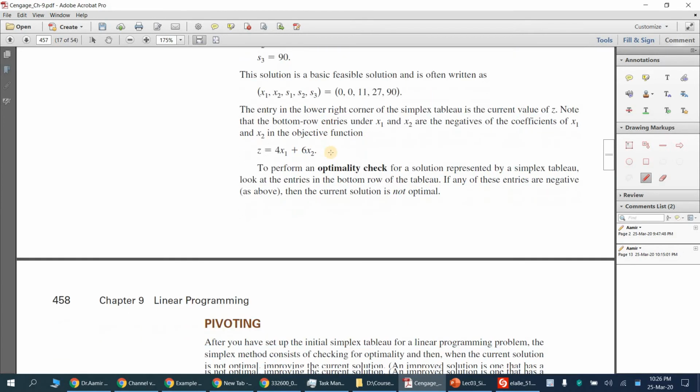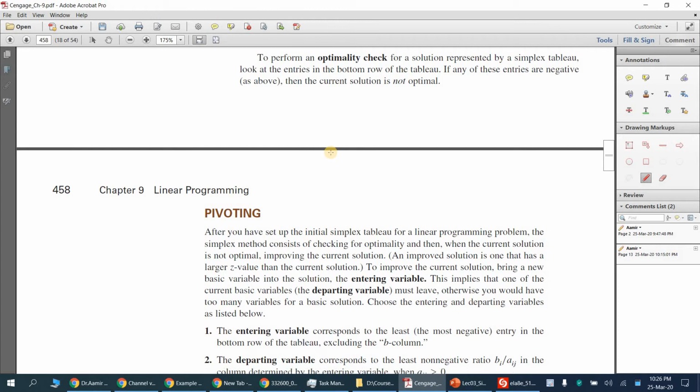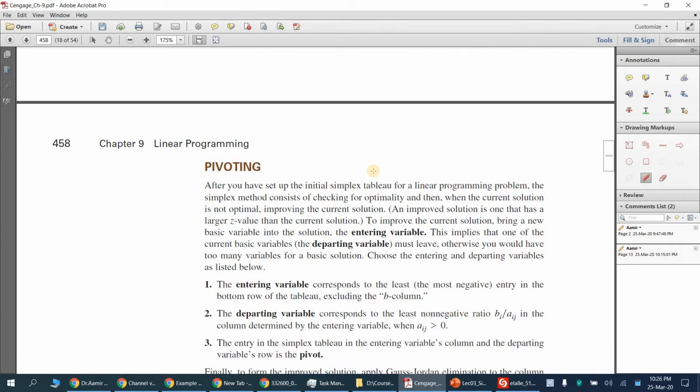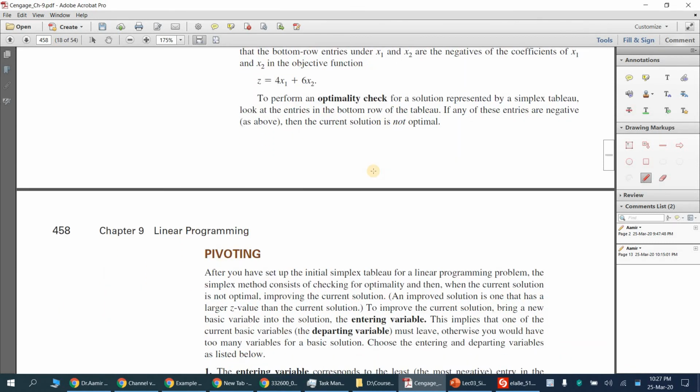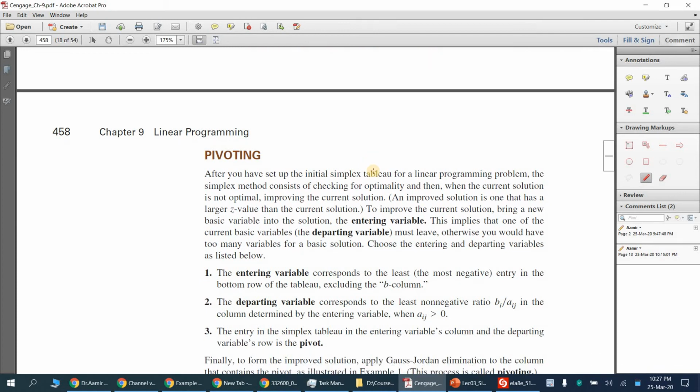So we go on, and now we have to decide. This is the critical part, the part where I get all the questions: pivoting. Now you have decided that your solution is not optimal. How to decide what we should do next? That is the case of pivoting.